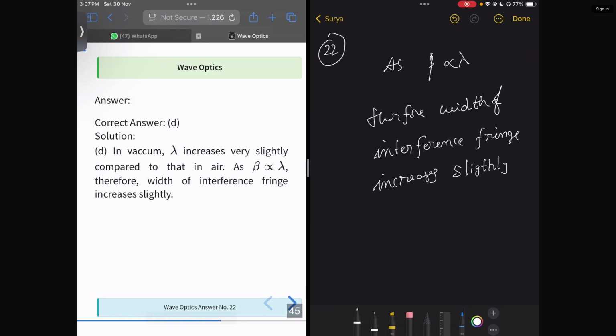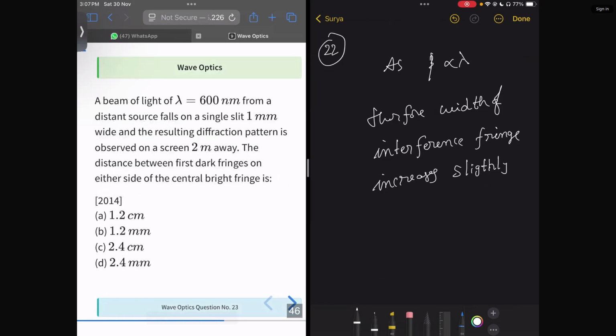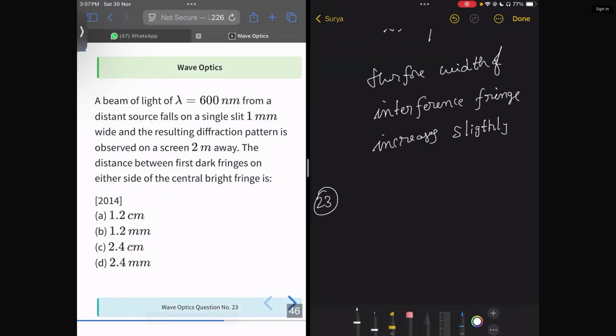So next question. A beam of light, lambda is equal to 600 nanometer, from a distant source falls on a single slit 1 mm wide. It is 10 power minus 3 meter, and the wavelength will be 600 into 10 power minus 9 meter.